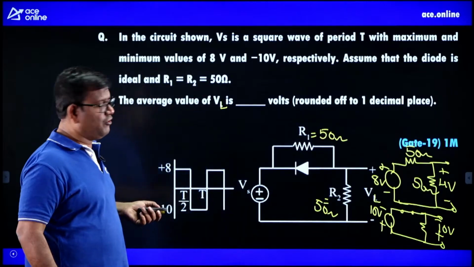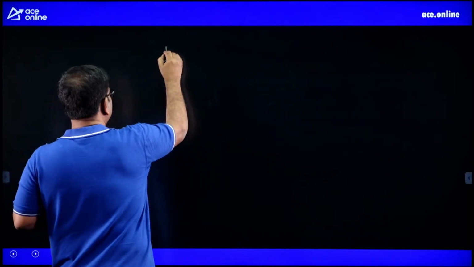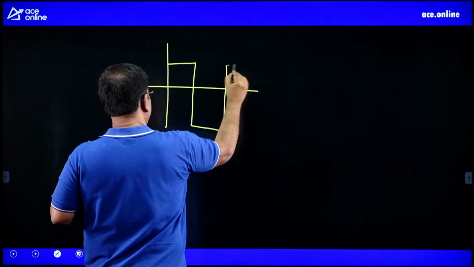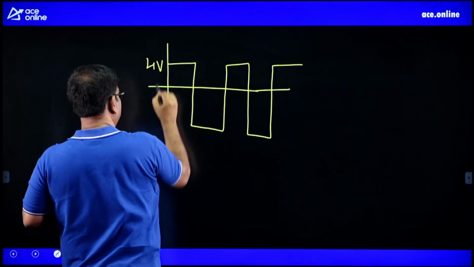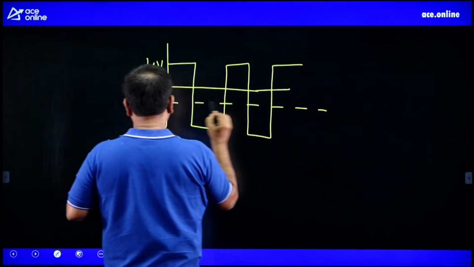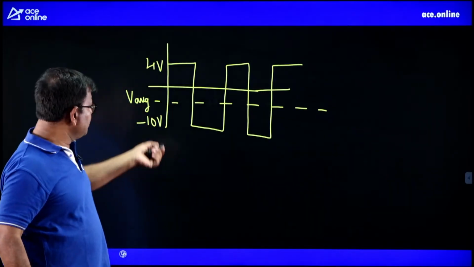So how do we sketch the output? To sketch the output, during positive cycle, you're going to have 4 volt, and during negative, you're going to have minus 10 here. And we know the average is going to be somewhere in the middle, that is the V average, right? And what is the middle point here?